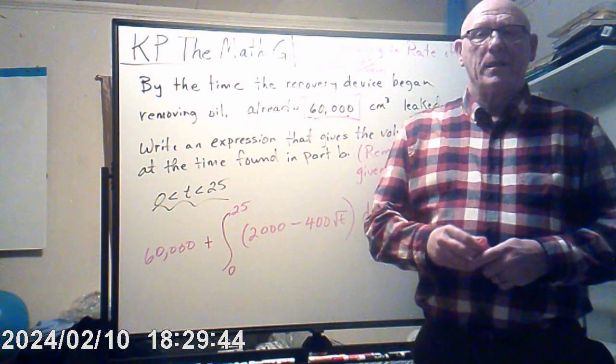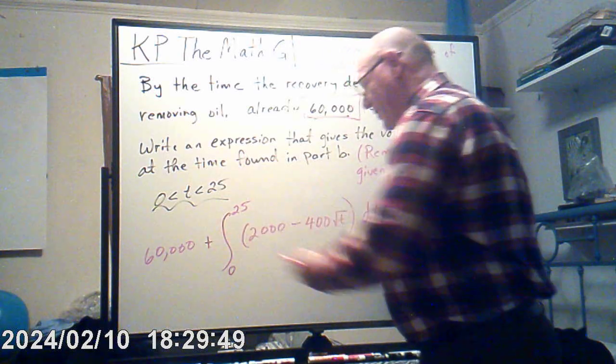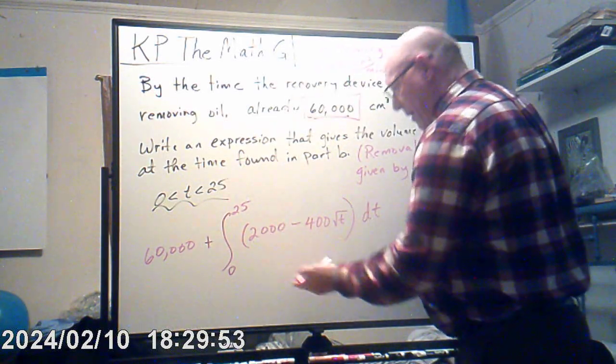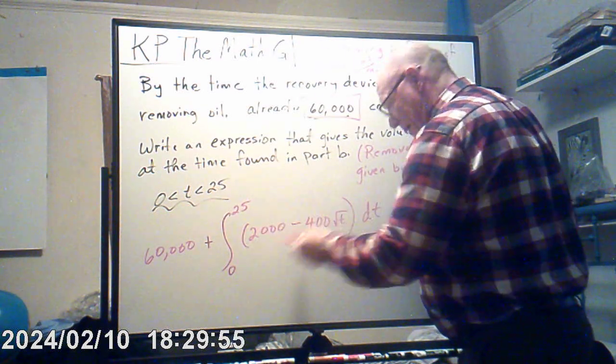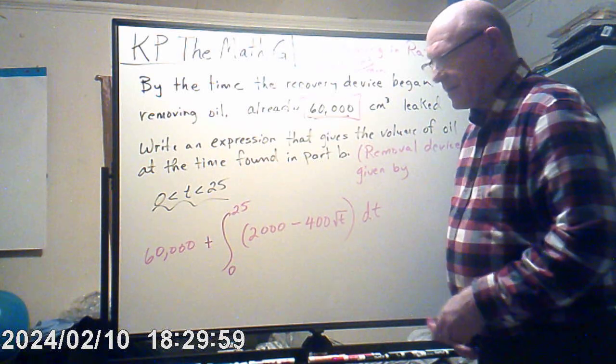Then you do the plus amount of water going in, minus the amount of water going out. Well, this is the amount of oil going in, minus the amount of oil being pumped out.